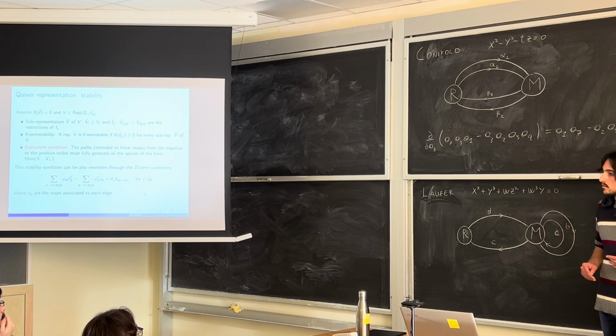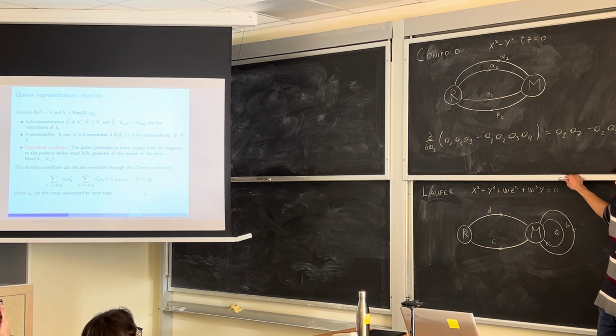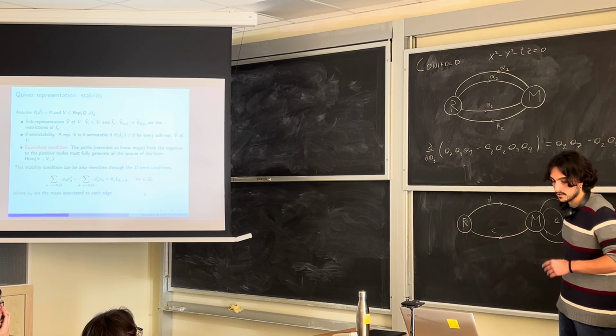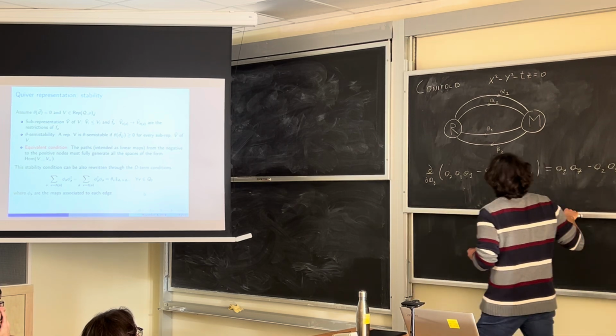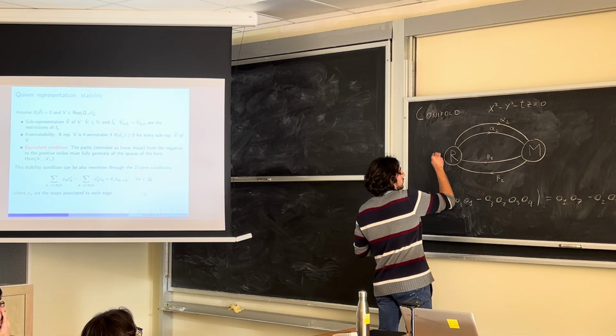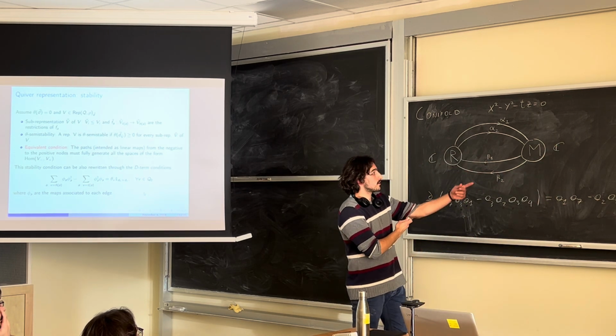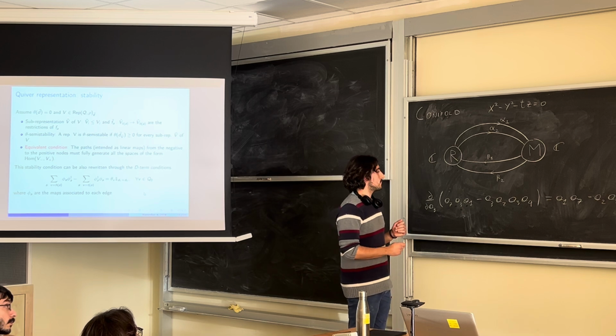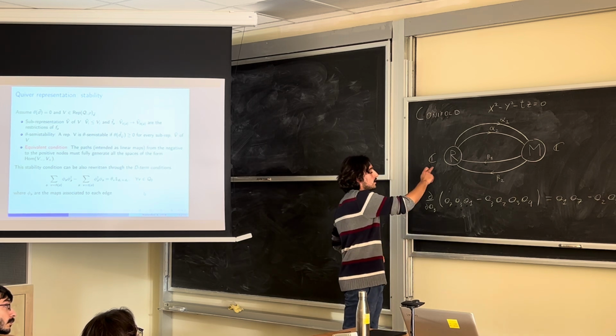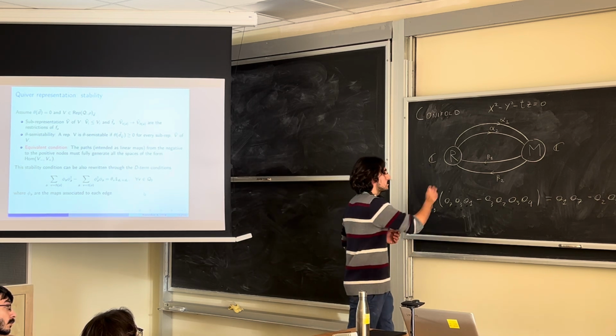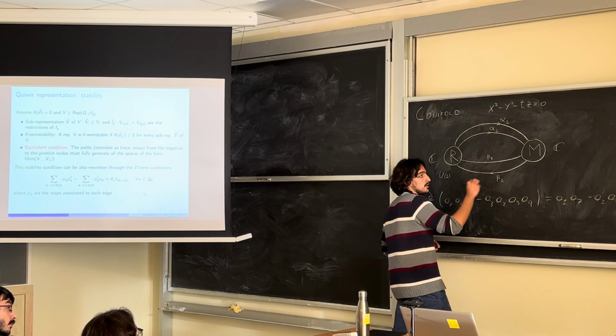In the conifold, I will have a C here and a C here as vector spaces, because the rank of both our modules is 1, and the two gauge groups are U1 and U1.